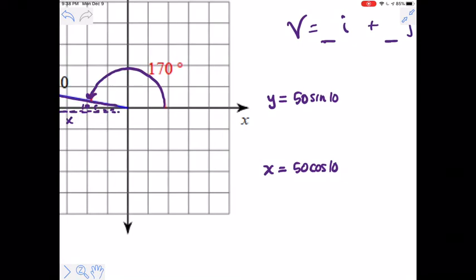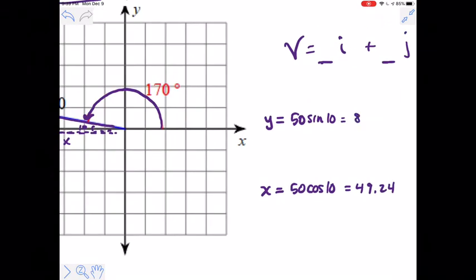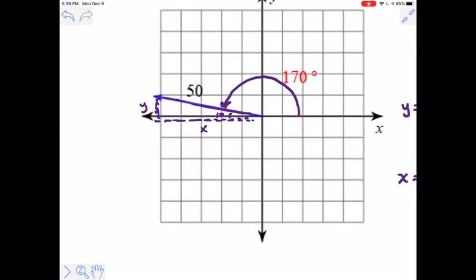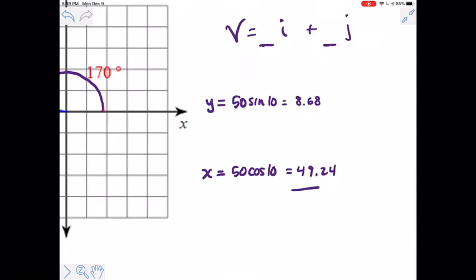Again, make sure you're in degree mode on your calculator. 50 cosine 10 for the x value, that'd be 49.24. And then for the y value, 50 times the sine of 10 is 8.68. But if we look at where this vector is, it's in quadrant 2, and in quadrant 2, cosine needs to be negative, so that's something to keep in mind with this value.